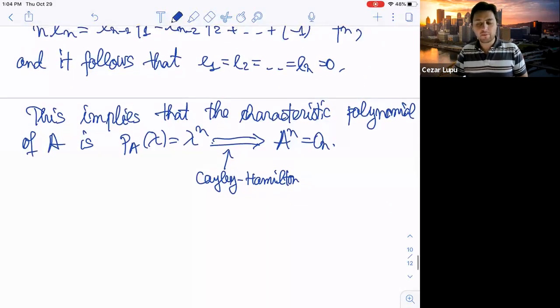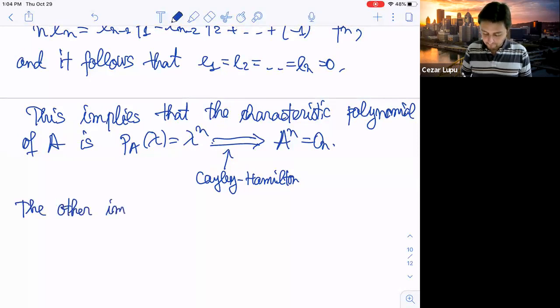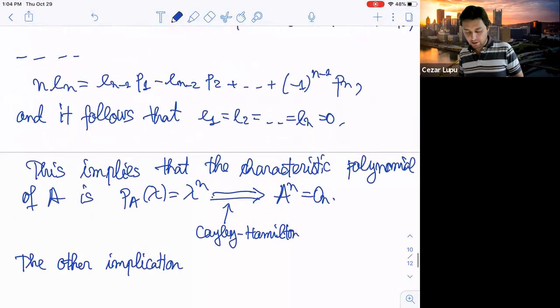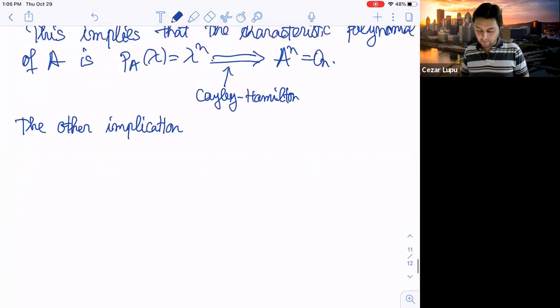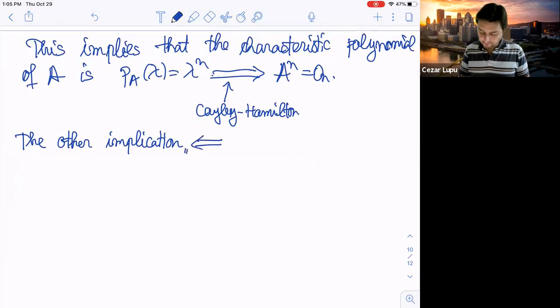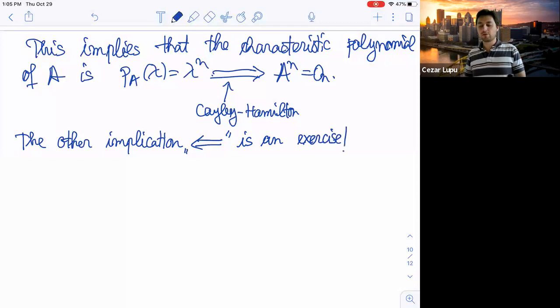From last time, keep in mind that the other implication, from right to left, I'll leave to you as an exercise.